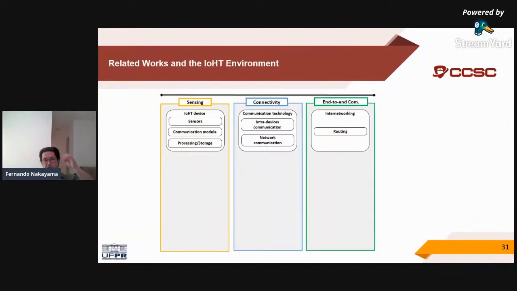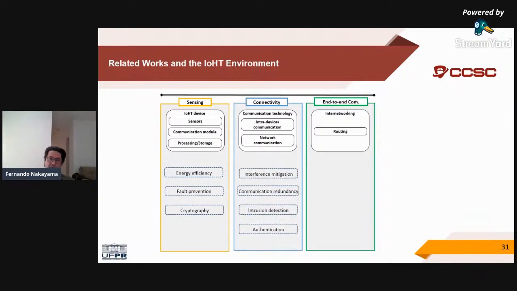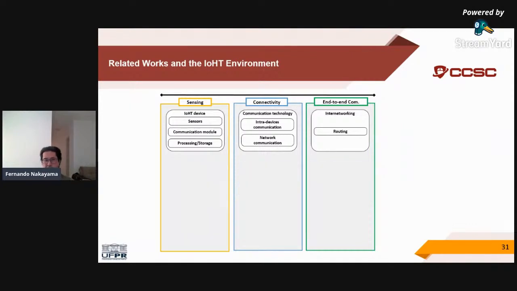Regarding the IOHT environment and the related works in the literature, we can observe how they provide individual solutions across the essential services. And even when the solutions emerge from the same resilience discipline, such as disruption tolerance or security, they apply only to the essential service of implementation, without any sort of collaboration among the services or the solutions.